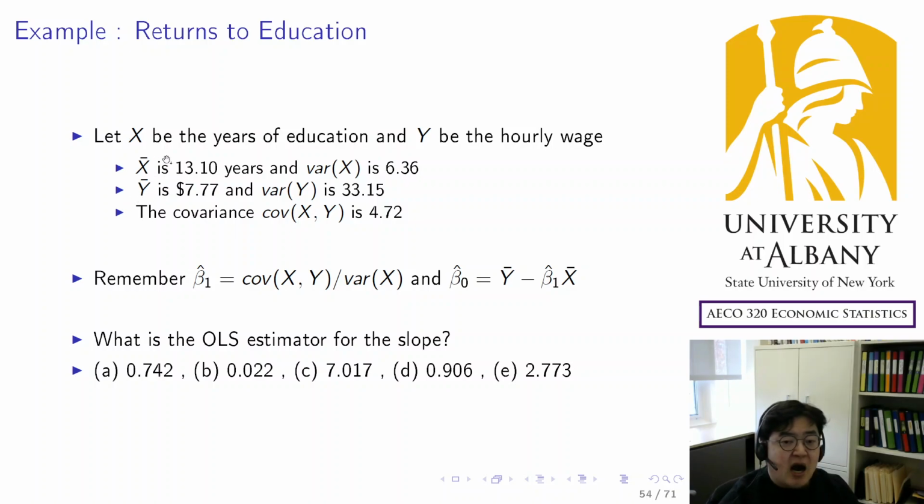The average hourly wage is $7.77, and its variance is 33. The covariance between education and wage is 4.72. Using this formula, calculate the slope of this OLS estimator.